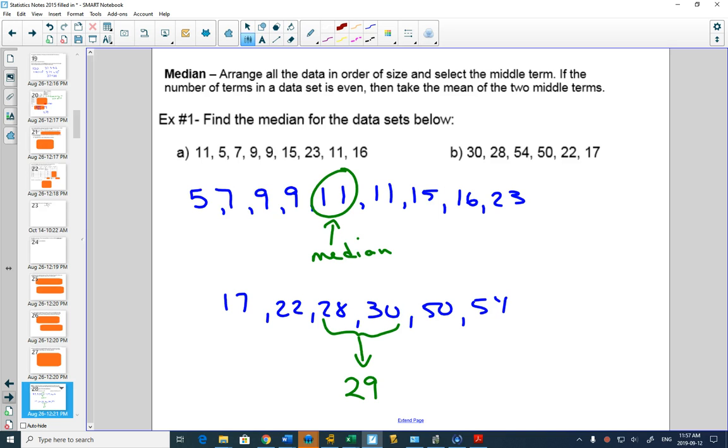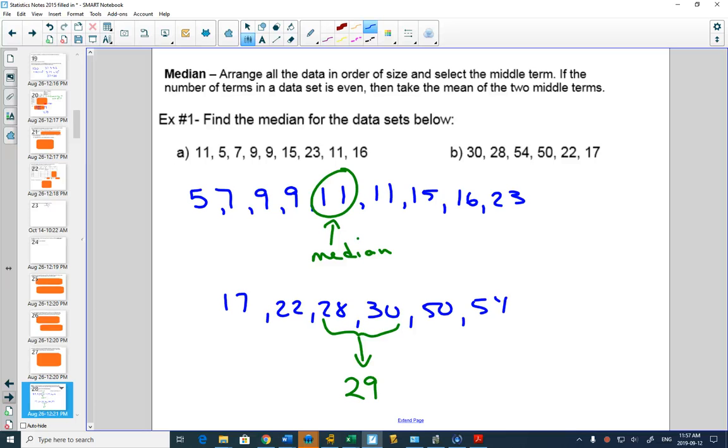So when you have an odd number in your data set, there will always be a middle value. When you have an even number, it'll always be an average of the two. Okay? If I have 9 things, my median is the 5th one.